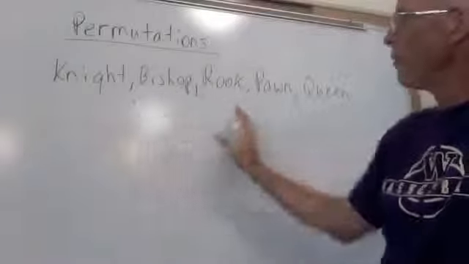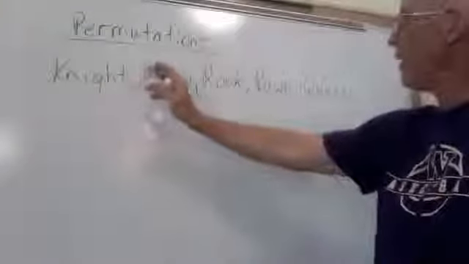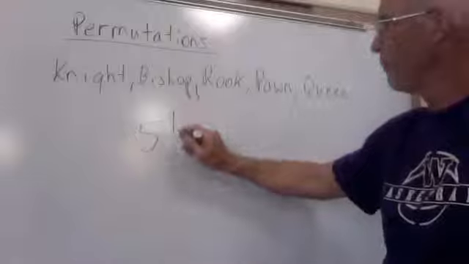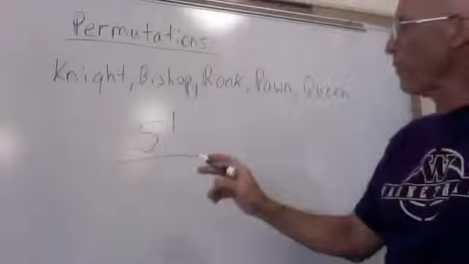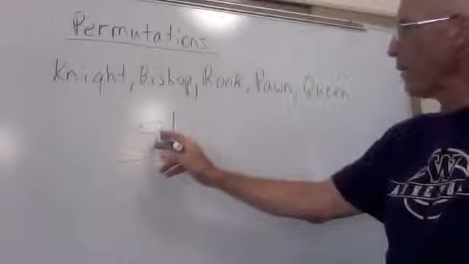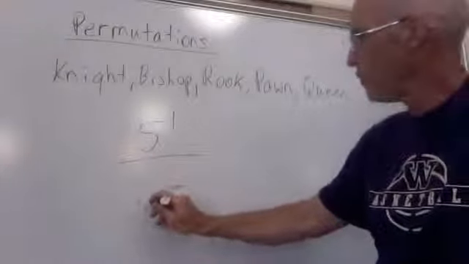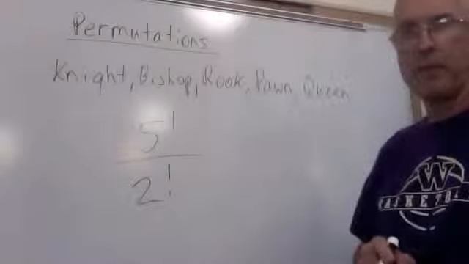The number of possibilities is, again, there's the total number of choices, which would be 5 factorial, but I'm only going to be able to move 3 of them. So I'm picking 3, and there will be how many left over? There will be 2 factorial left over. Does that make sense?